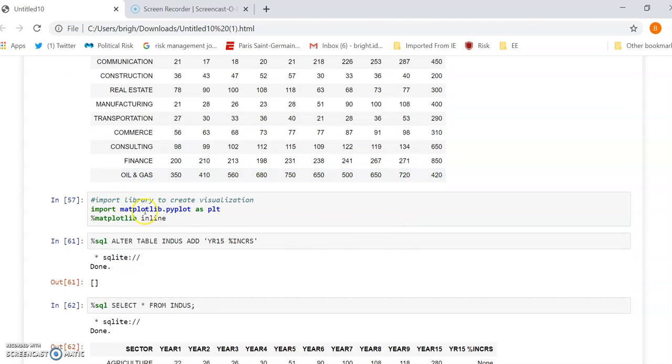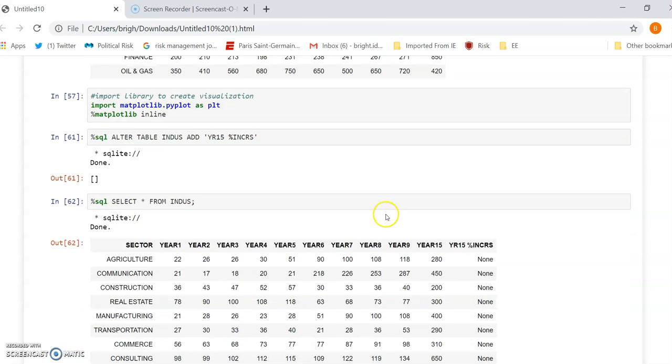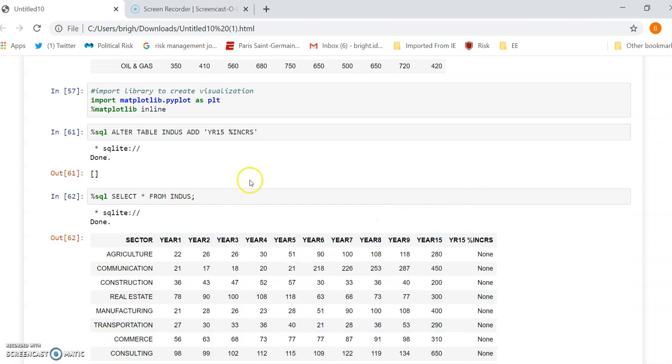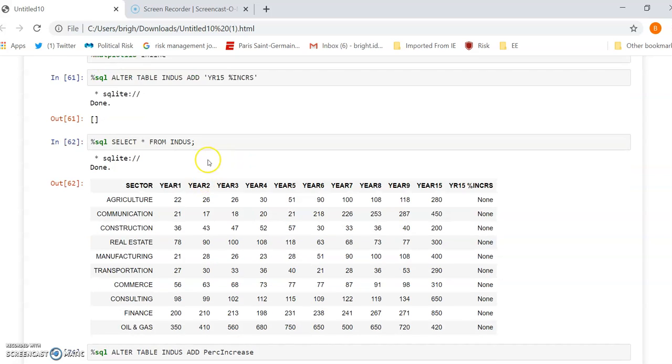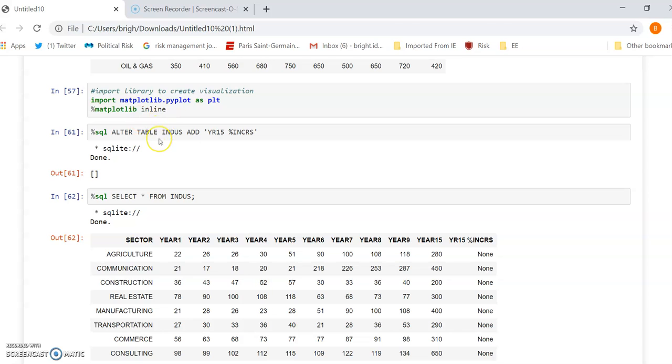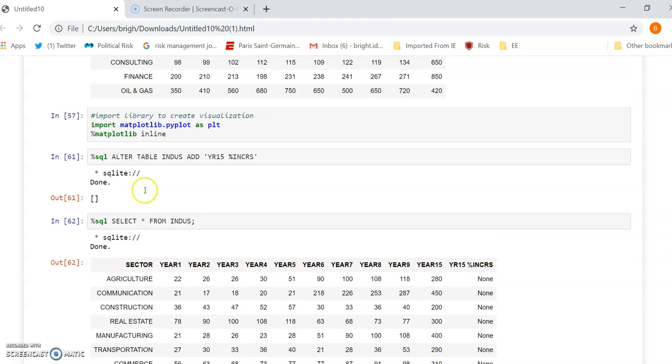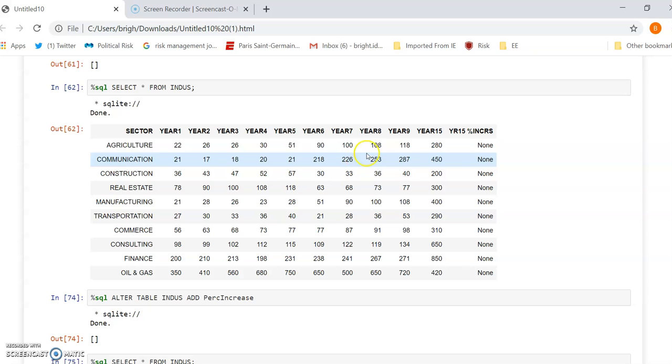I also imported matplotlib to enable me to generate my graphic, just as you had earlier advised and taught us. That went through. Then, for the purpose of my presentation, I wanted to include the percentage increase of the projection versus the current year, which is year 9.